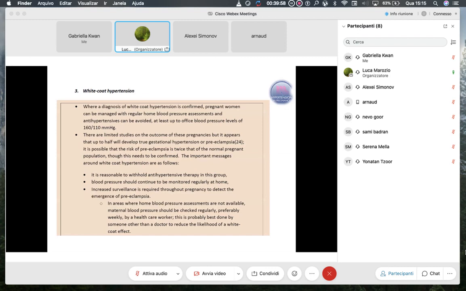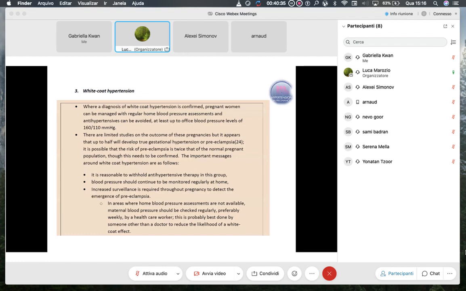To diagnose white coat hypertension, ideally we have to suggest home measurements, repeated home measurements, with a diary of course, and if possible, the white coat hypertension may be confirmed by a 24-hour automated blood pressure monitor measurement. Anyway, in case of white coat hypertension, we usually cannot avoid treatment.